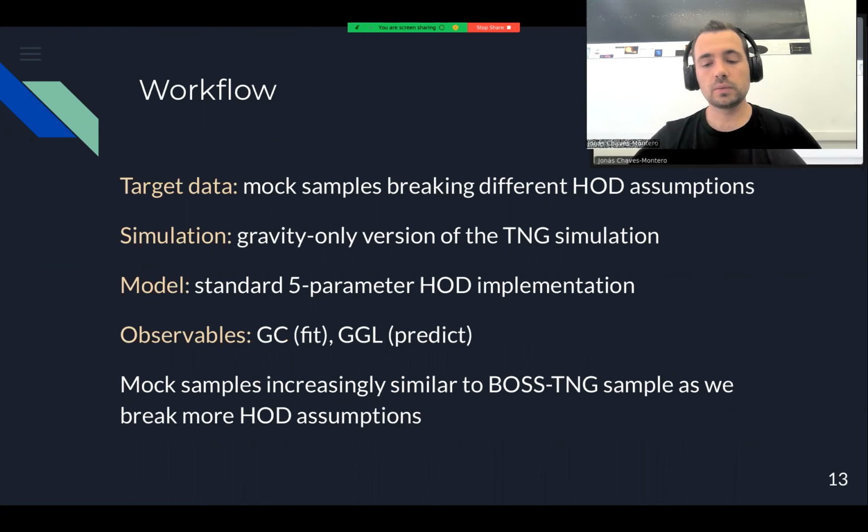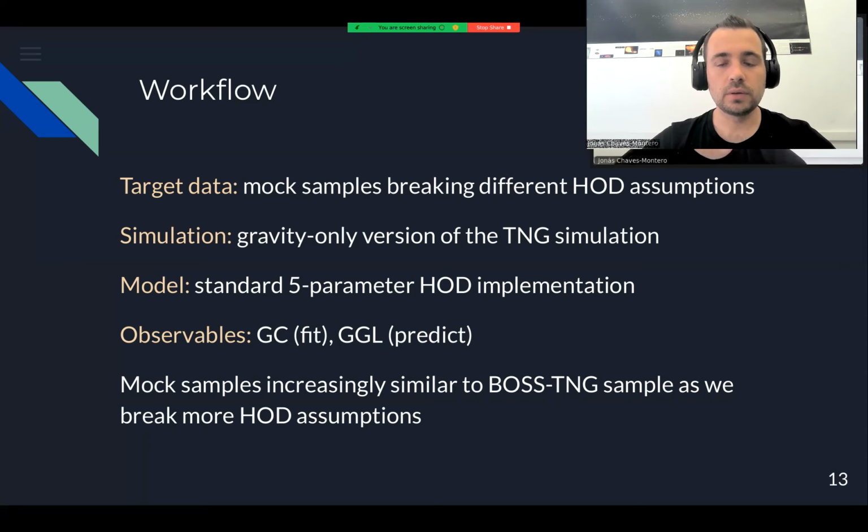So to do so, what we did was to create different samples fulfilling different ranges of assumptions from each of the models. We evaluated the traditional model, always using the same five-parameter traditional model, in a gravity-only version of the TNG simulation again, fitting galaxy clustering and predicting galaxy-galaxy lensing.